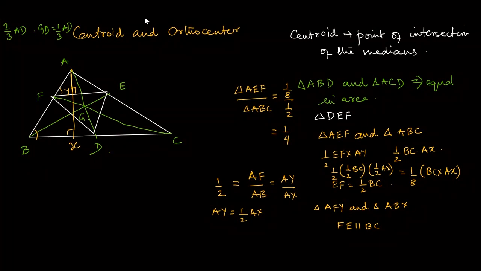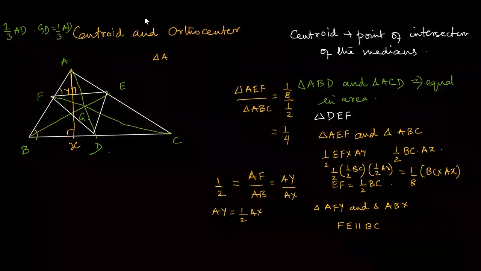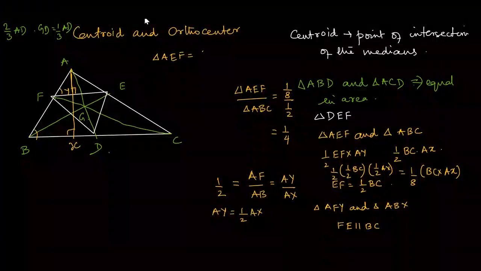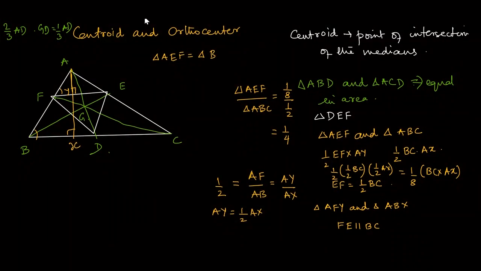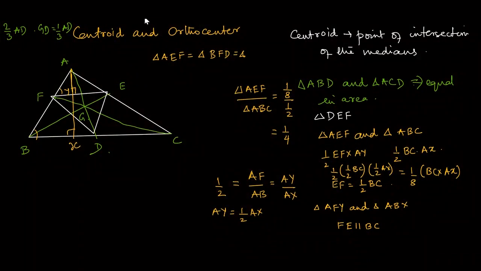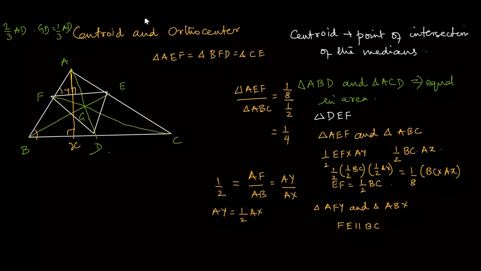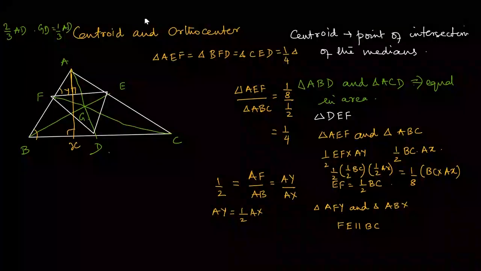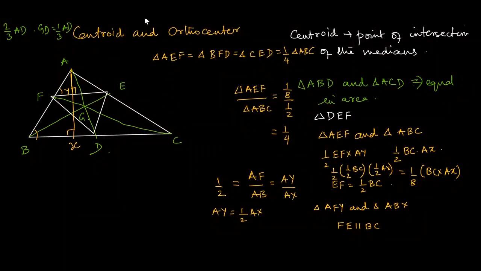So in either way, you can prove that all these triangles, AEF is equal to triangle BFD is equal to triangle CED, and all are equal to 1/4 of triangle ABC, right?